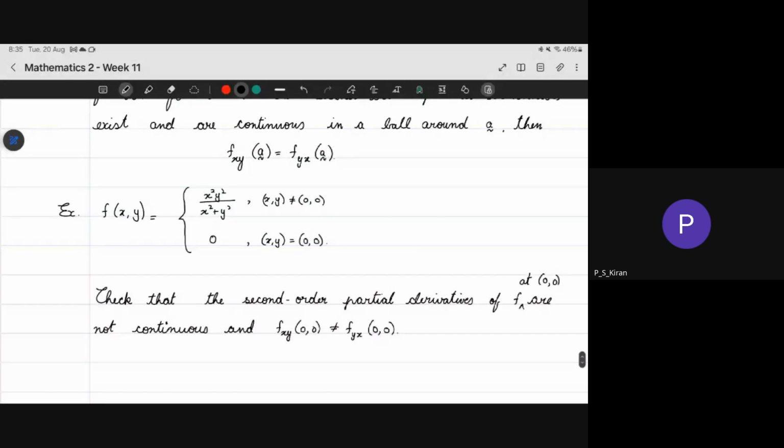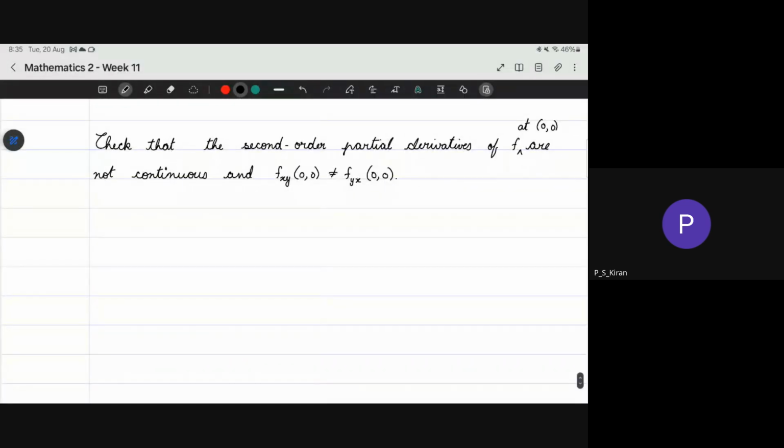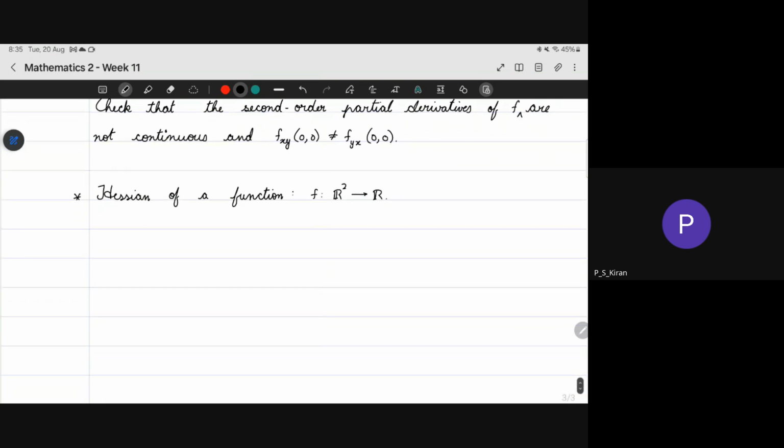So with all of this in hand, we are in a position to define the Hessian matrix of a function. It is denoted Hf, a square matrix.